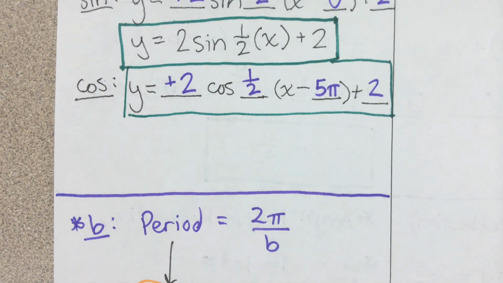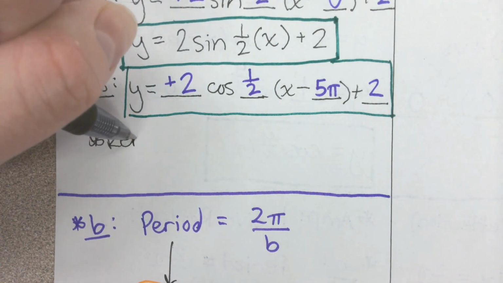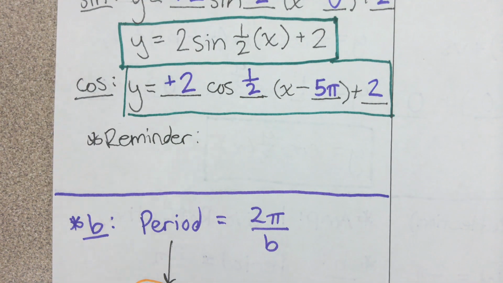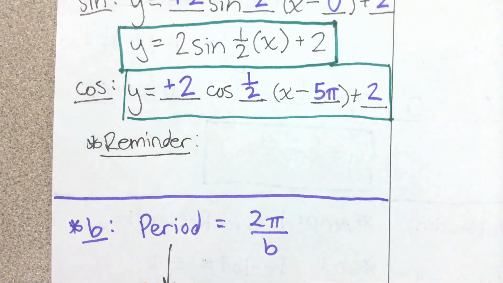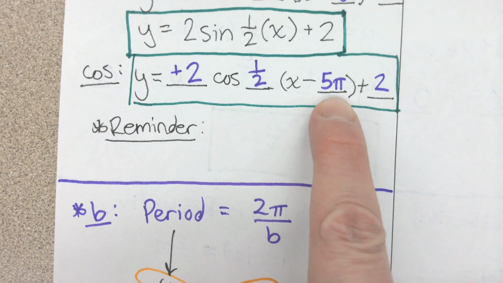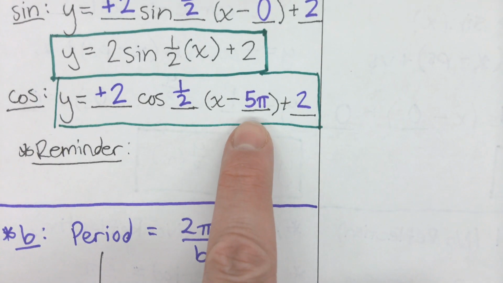One thing I'd like to point out in case there's any confusion around this. With the phase shift, in here it's always the opposite sign from how it looks. So we know that this is actually a positive 5 pi, that's what I did, but when it goes in the equation it looks negative.